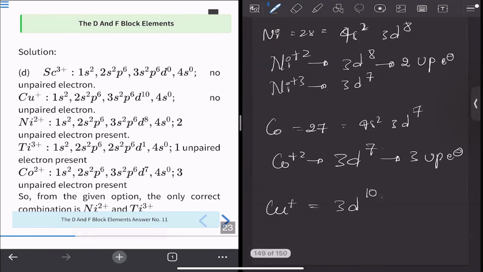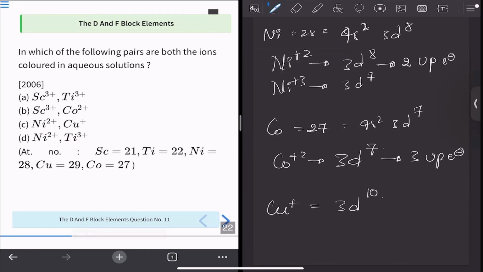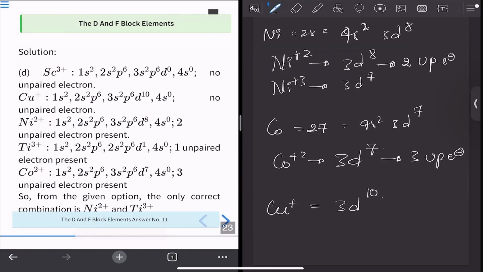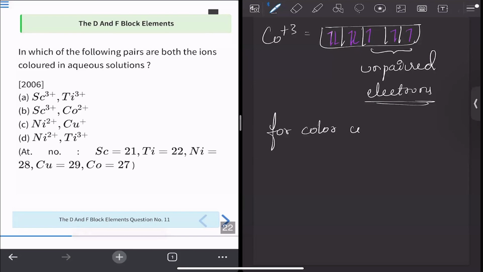So, in which of the following pairs are both the ions colored in aqueous solution? In order to give color, unpaired electrons should be there.